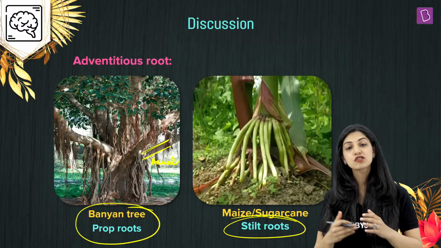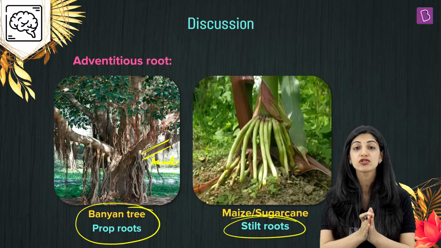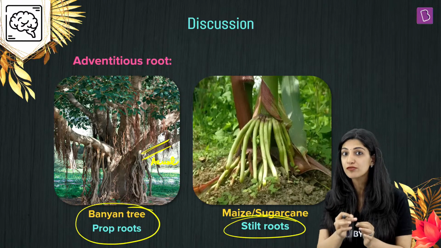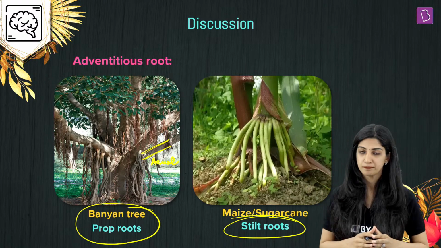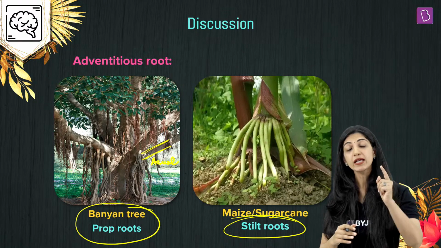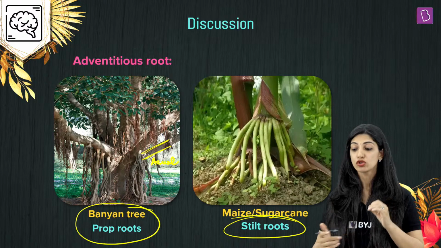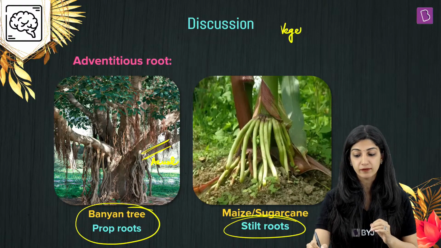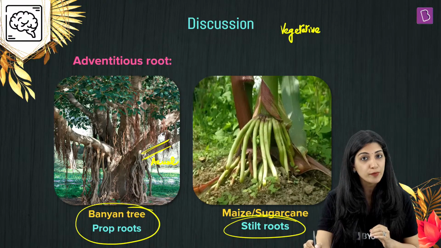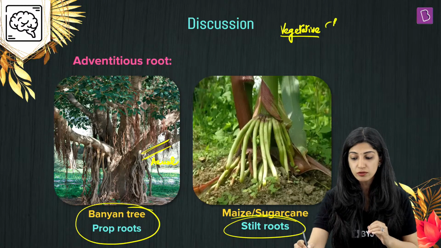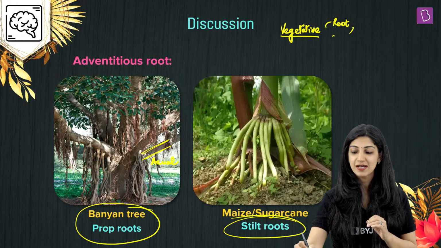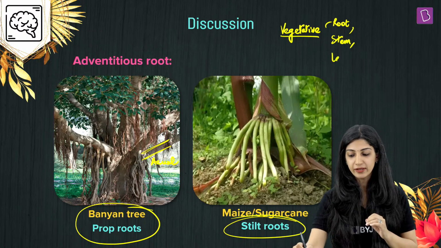You see? So similarly, these modifications happen to survive better in the environment. Okay? And in modifications, if we talk about plant parts, we take vegetative parts. What are the vegetative parts? The root, which are not reproductive parts, stem and leaves.